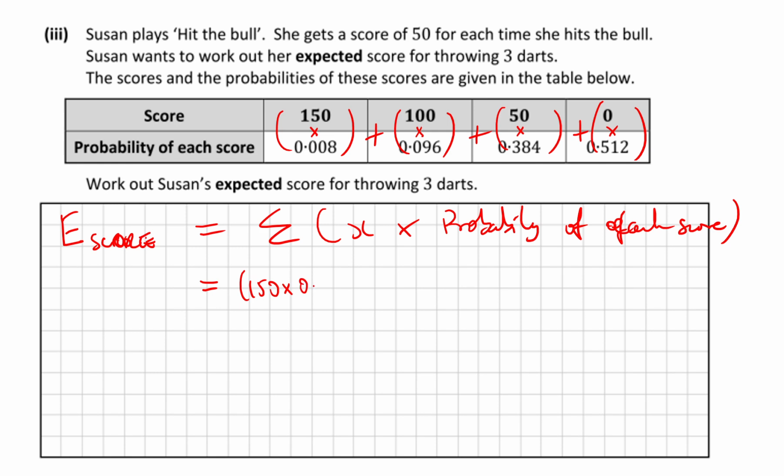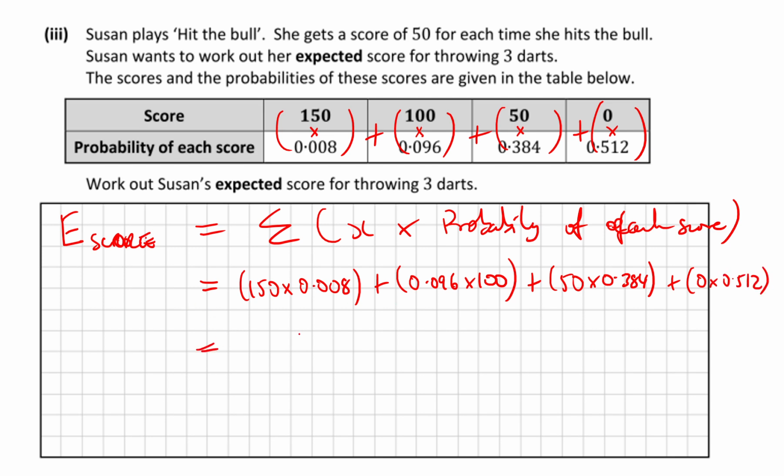That's 3 bulls. Gee, that's really low. Plus chance of getting 100. That's 2 bulls. It's a really low score again by 100. Plus the chance of getting 50, 1 bull, it's 0.384, so that's about a 30% chance of getting 1 bull. And of course there, that's going to be 0 at the end, 0 by 0.512.